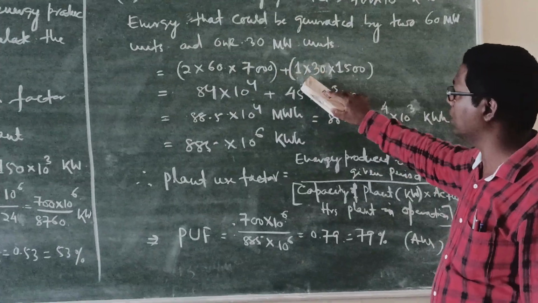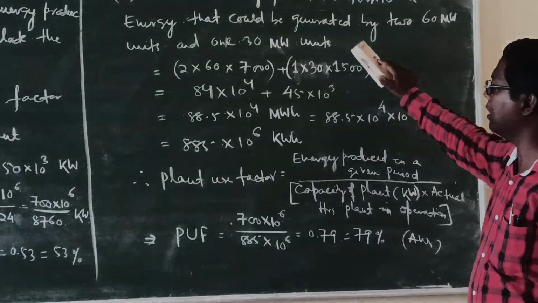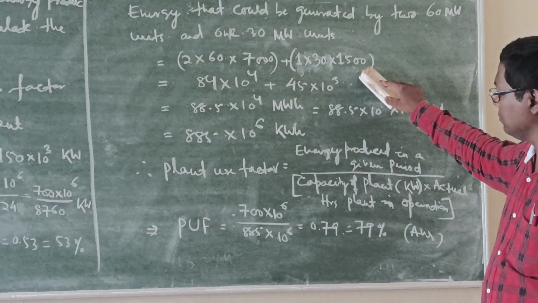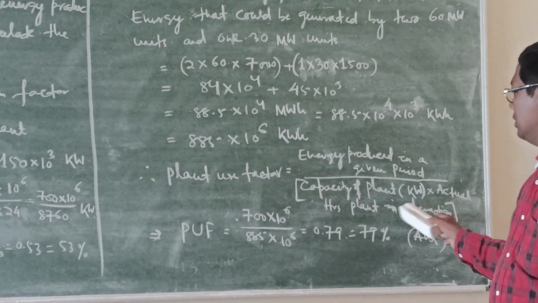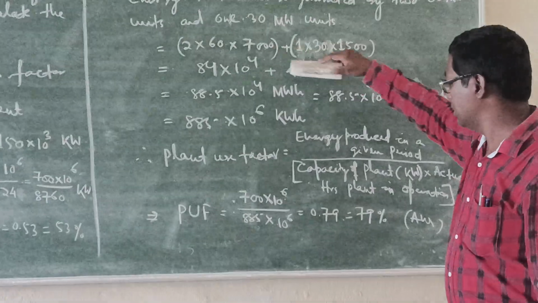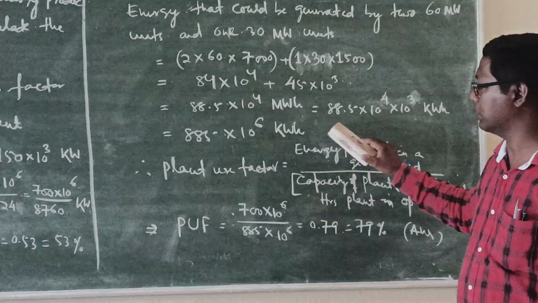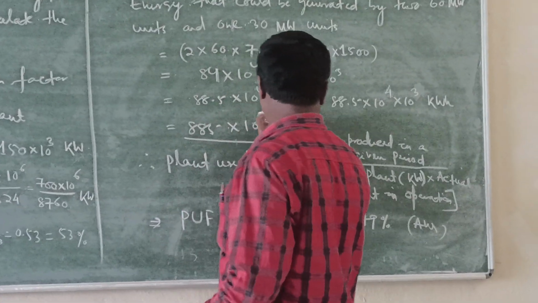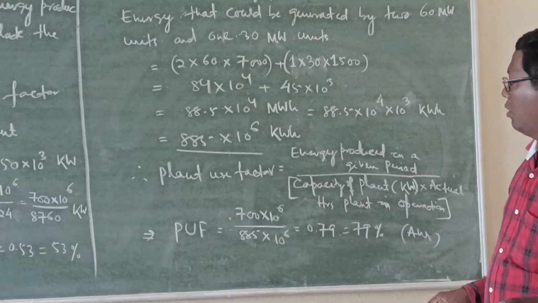Similarly, the 30 megawatt unit running for 1500 hours a year. So these form the denominator: capacity of the plant into actual hours of plant in operation.